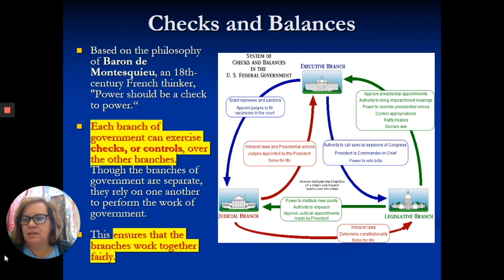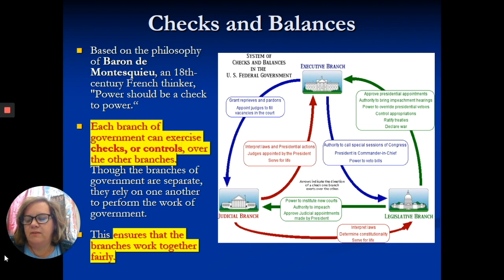So you can see throughout the Constitution ways, as the illustration shows, that one branch of government is needed for another branch of government to carry out its powers effectively, and it holds them in check. So it can be as simple as the president being able to veto a piece of legislation passed by Congress, or Congress then being able to override that presidential veto.